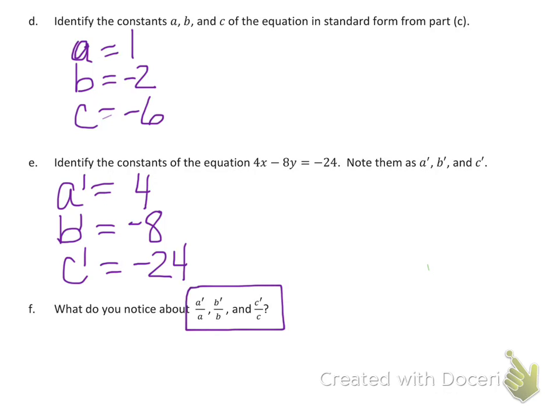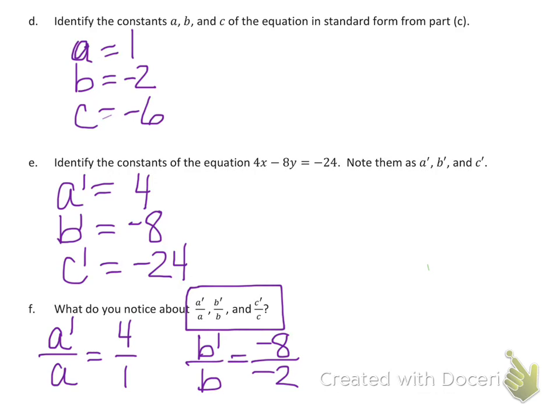What is the ratio of A to A prime, or A prime to A? A prime over A is equal to 4 over 1, which is 4. B prime over B is equal to negative 8 over negative 2, which is also 4.